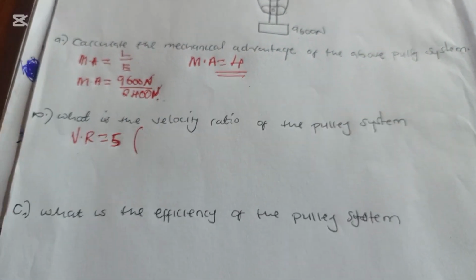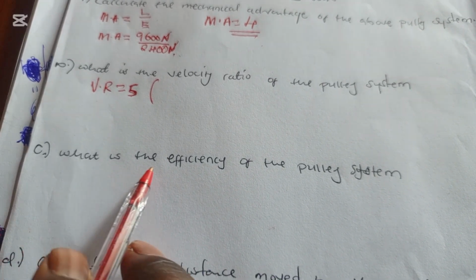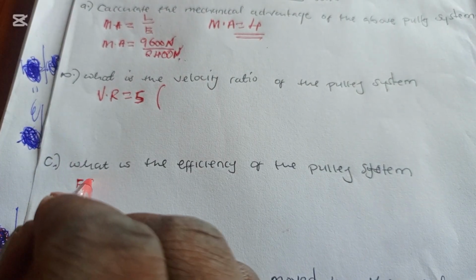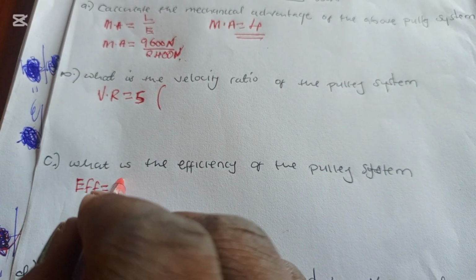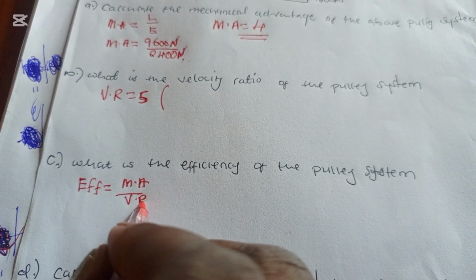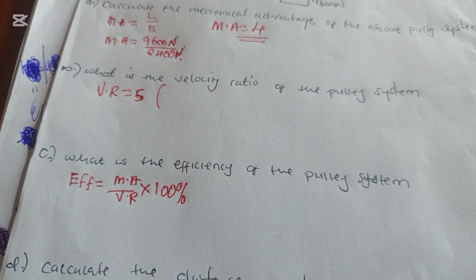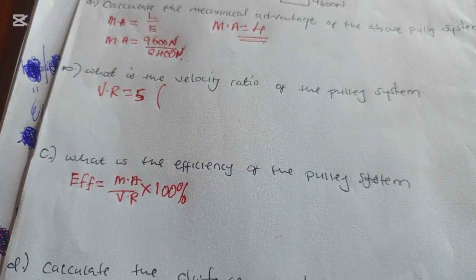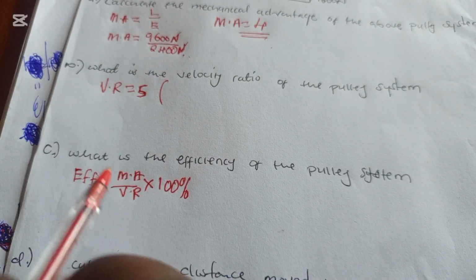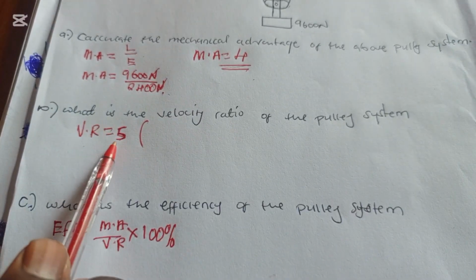Now, the next question is asking what is the efficiency of the pulley system. We need to know that efficiency is equal to mechanical advantage over velocity ratio times 100%. Efficiency is the ratio of mechanical advantage to velocity ratio multiplied by 100. The mechanical advantage from part A is 4, and our velocity ratio is 5.